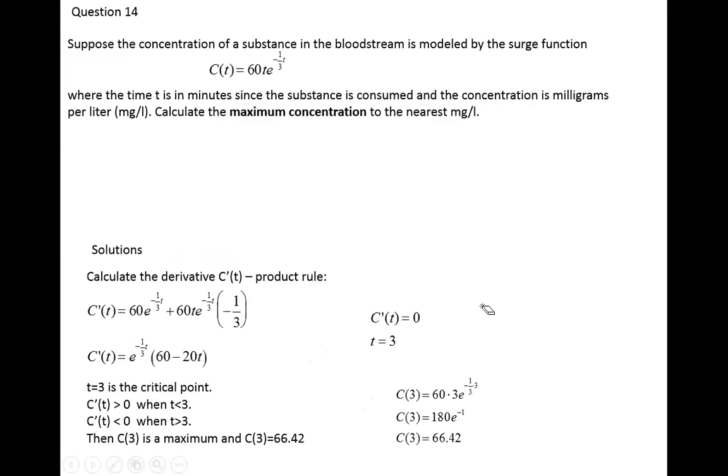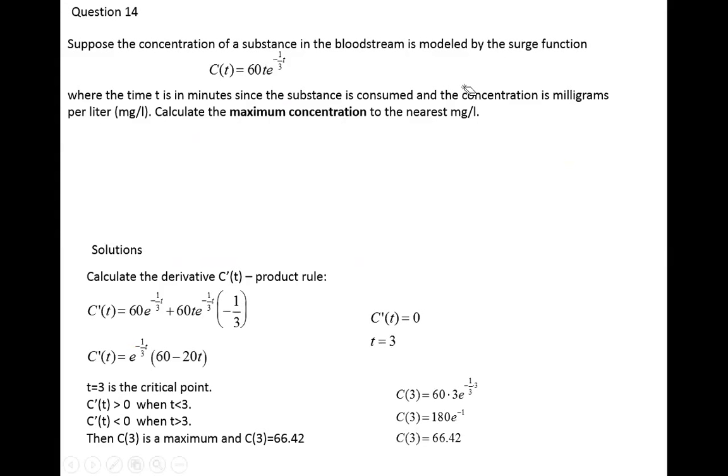Okay, and I think I have one more question. Let's see what the question asks. The same function, we have the time, we have the function, and now calculate the maximum concentration to the nearest milligram per liter.